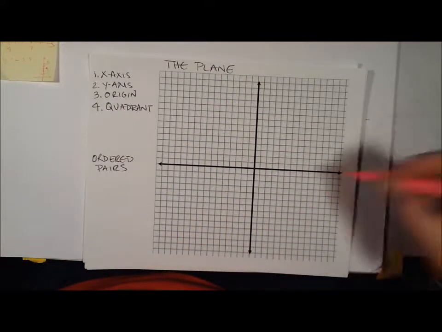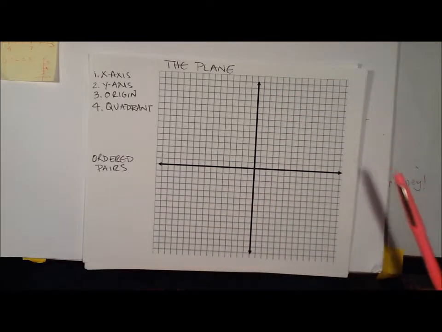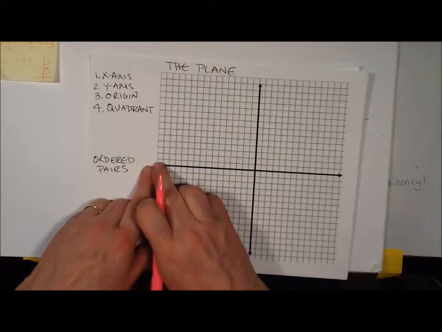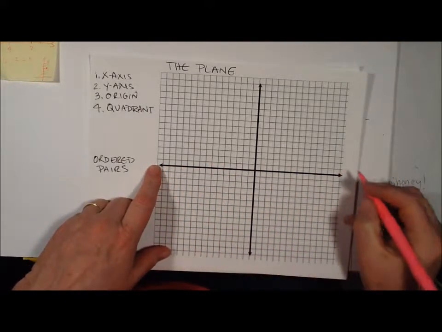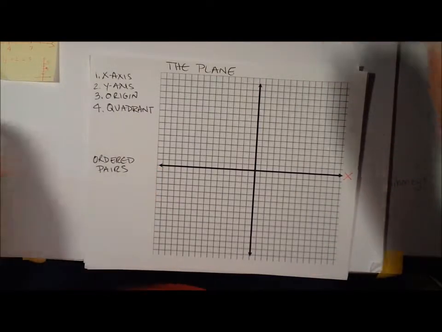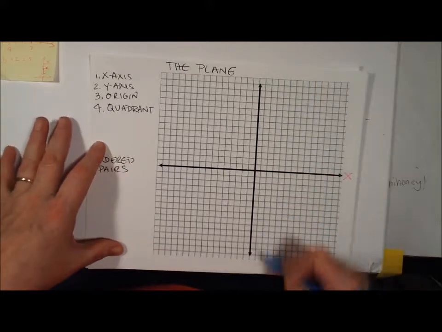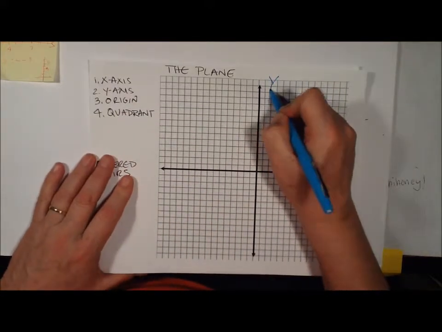What we notice on it is the two perpendicular lines, and the line that goes from left to right and is horizontal, goes sideways, is the x-axis. The line that is vertical and goes up and down is called the y-axis.